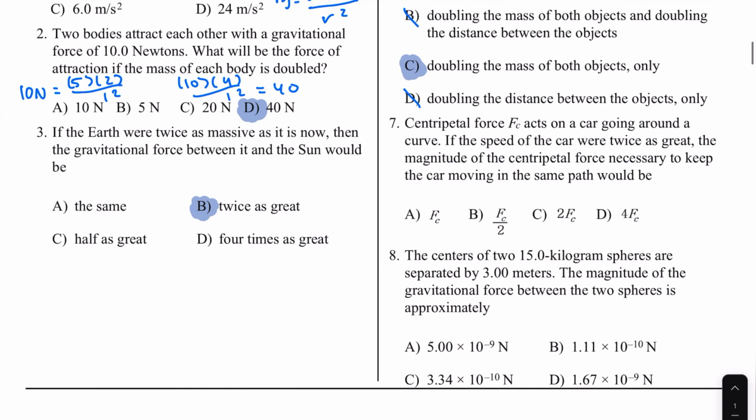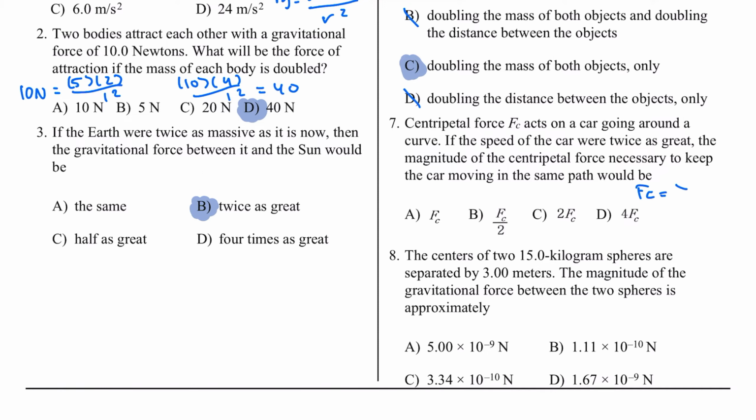Number 7. Centripetal force, Fc, acts on a car going around a curve. If the speed of the car were twice as great, the magnitude of the centripetal force necessary to keep the car moving in the same path would be what? So now we're talking about centripetal force. Specifically, we're talking about the speed. So let's look at the equation.